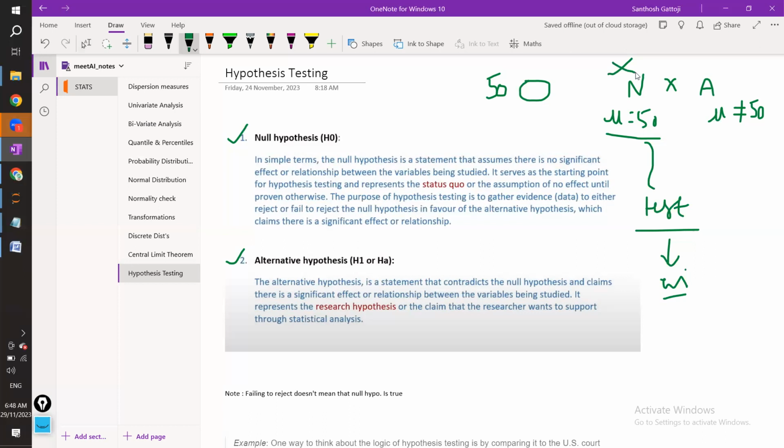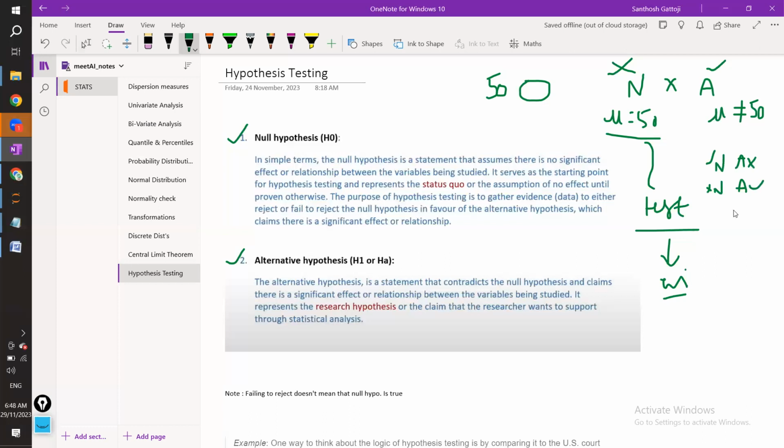You will reject the null hypothesis, so that it will automatically accept the alternate hypothesis. So either you accept the null hypothesis and reject the alternate, or you reject the null hypothesis and accept the alternate hypothesis.